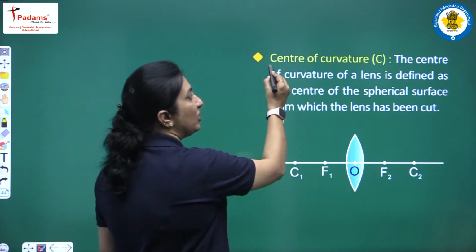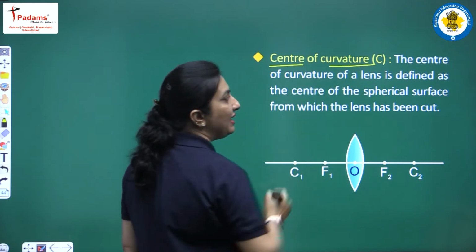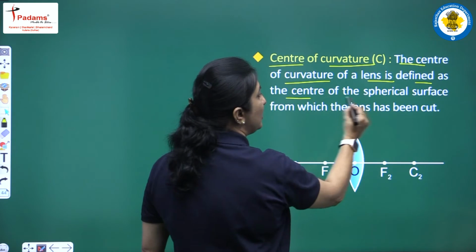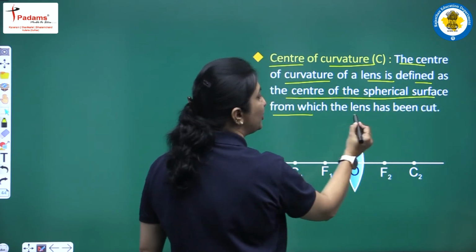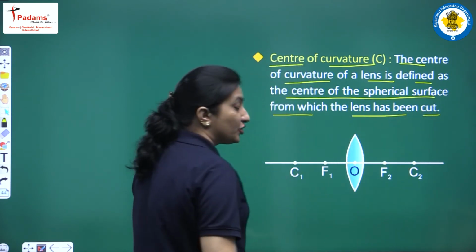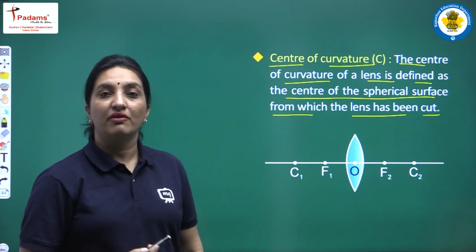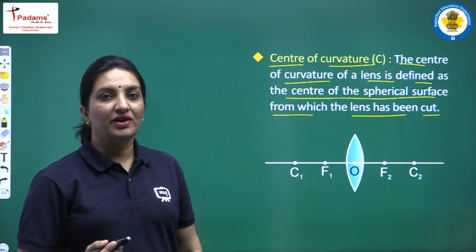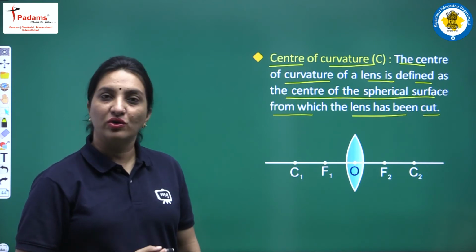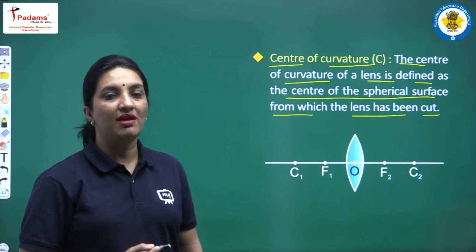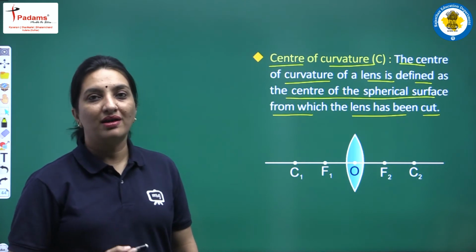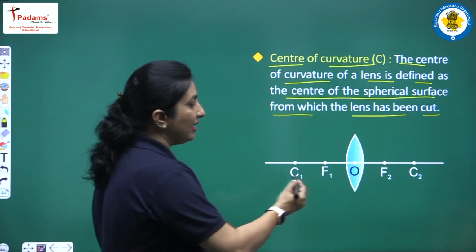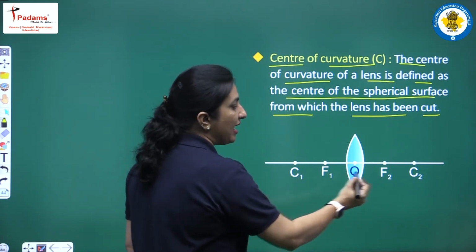Next is the center of curvature, which we have already learned. The center of curvature of a lens is defined as the center of the spherical surface from which the lens has been cut. We saw this for both the concave lens and the convex lens, that the centers of curvature were the centers of the hollow spheres of which the concave or convex surface was a part. Right, students? Here again we have C1 and C2.